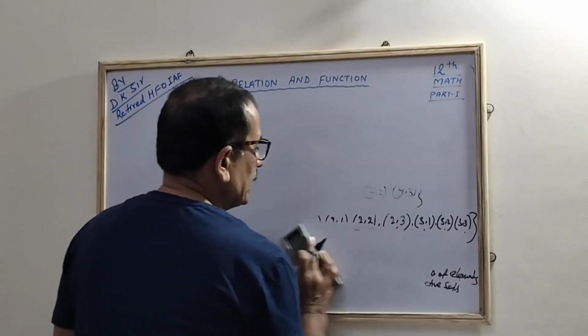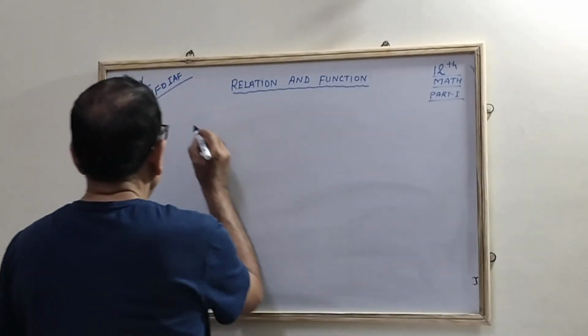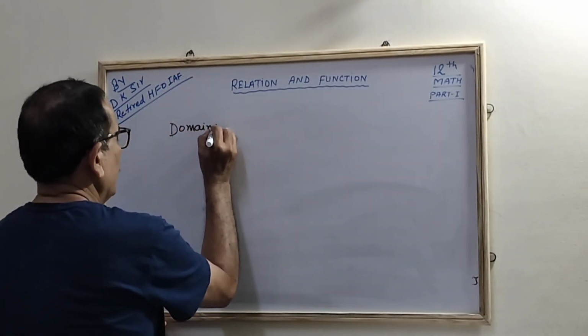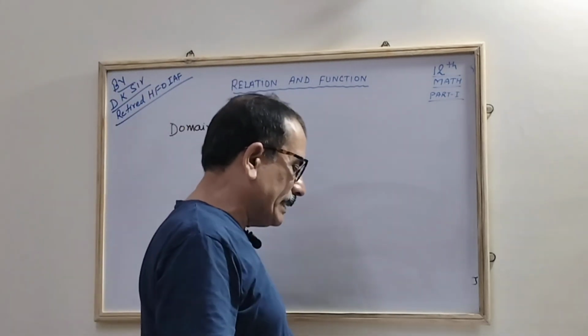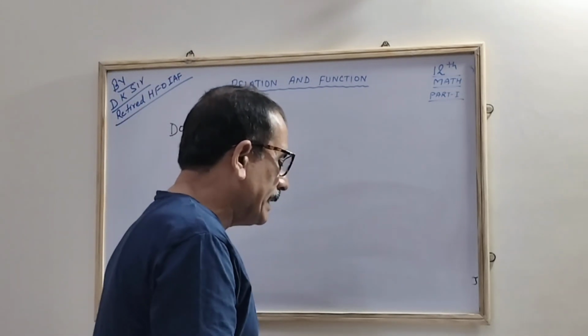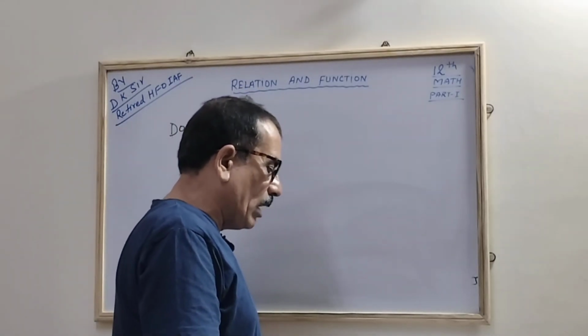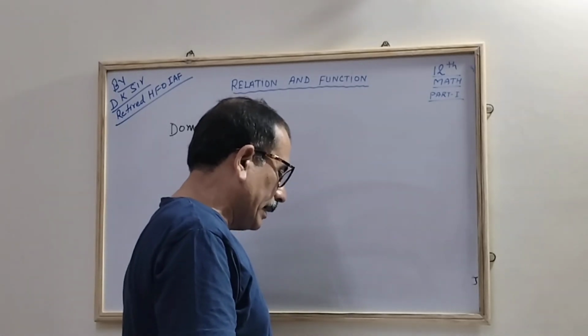What do you understand by the domain? Let R be the relation from the set A to the set B. The set of the first components or the coordinates of the ordered pairs belonging to R is called the domain of R, correct? So we will see.